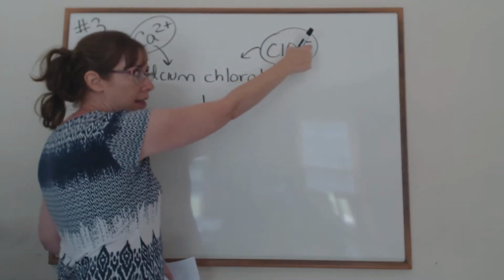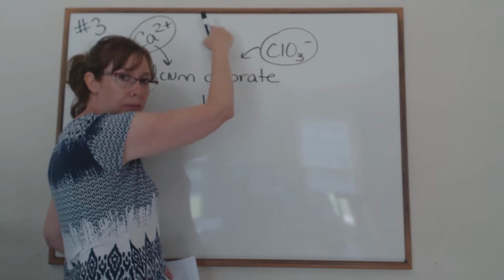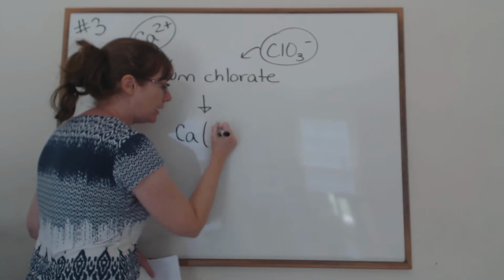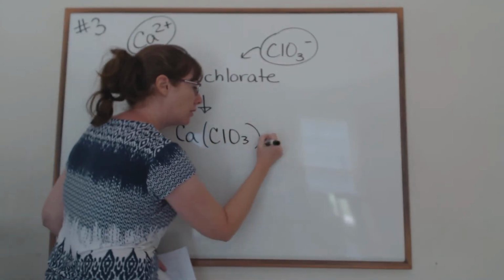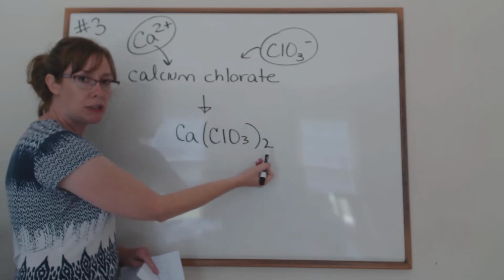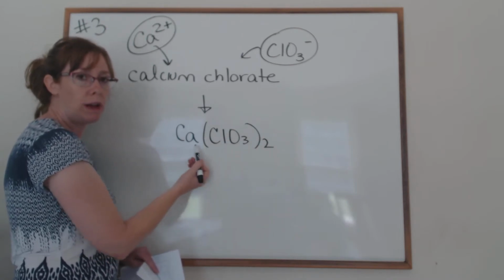You would need 2 of these, because this only gives you a 1- charge, so you would need 2 of them to get 2 negative charges to balance that. So the formula is this. You would need 2 chlorates. That's what that 2 means. You have 2 chlorate ions for every 1 calcium ion.